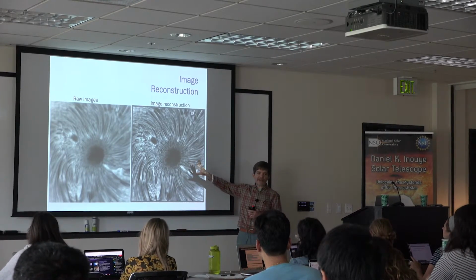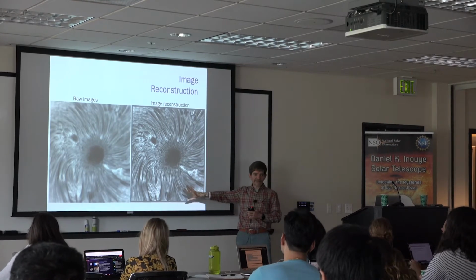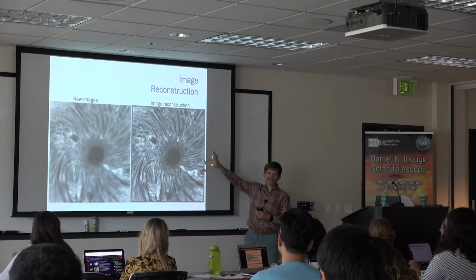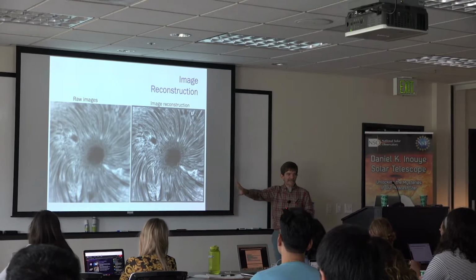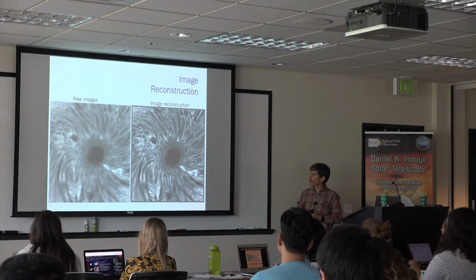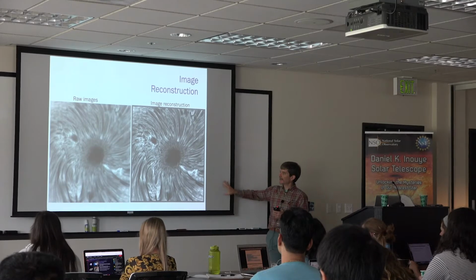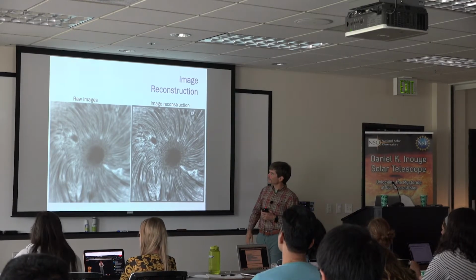So AO may only be correcting the center, but it is possible with the image reconstruction to get a nice uniform PSF, get close to the diffraction limit over the full field of view of the image.